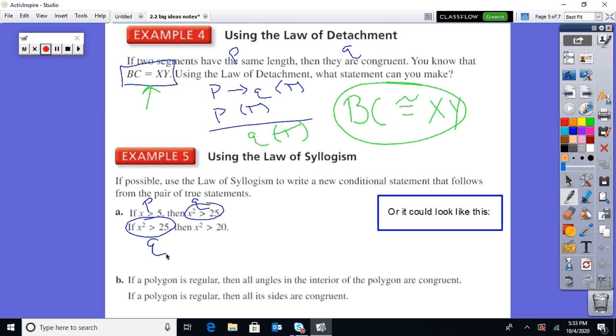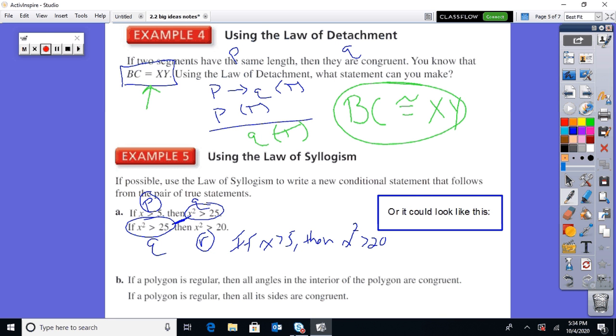And then they introduce a new thing, which we call R. So if you have this link of the statements like this, then you're allowed to put together the original P and the ending R. So we'd be allowed to say that if x is greater than 5, then x squared is greater than 20.